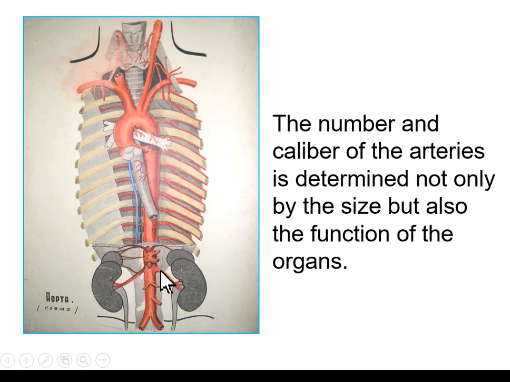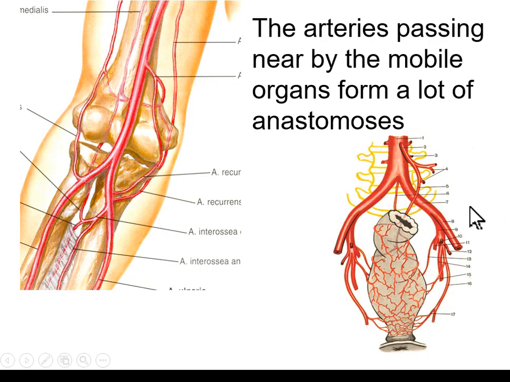It is largest. The arteries pass nearby the mobile organs. Mobile organs form a lot of anastomosis. For example, elbow joint, it is movable.